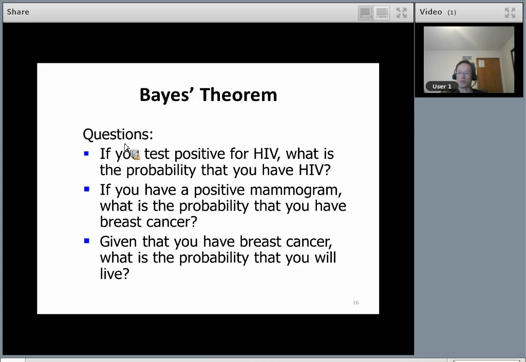If this guy tested positive, does it mean that he really has HIV? Well, the device sometimes has issues, not 100% correct. So it may be that this person doesn't have the disease, but was tested positive. Issues like this, we can sometimes evaluate using conditional probability. That's what Bayes theorem is about.